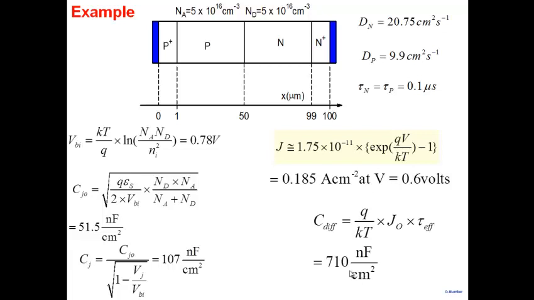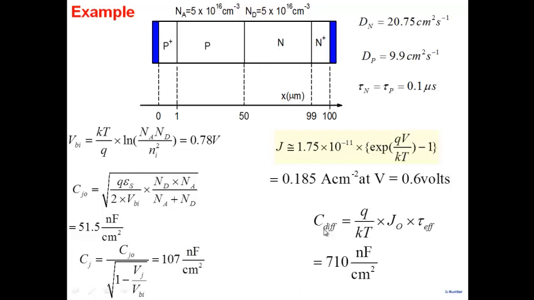The reason I'm putting all this is to show you that when you forward bias, 0.6 volt is not a very high forward bias, you know that. Even at 0.6 volt forward bias, diffusion capacitance is 7 times the depletion capacitance. So in forward bias, the capacitance which dominates your behavior is the diffusion capacitance.